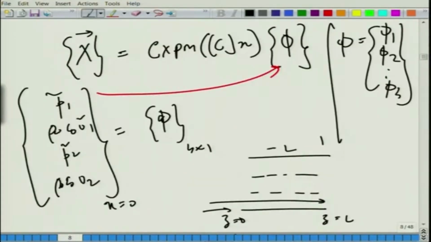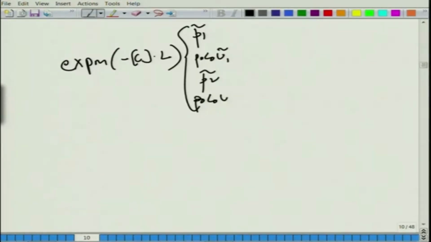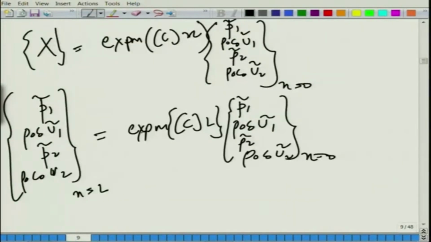Then we have P1, rho naught c naught u1, P2, rho naught c naught u2 at x equal to L. This will be equal to expm of minus CL multiplied by expm of CL, which becomes expm to the power 0, that is the identity matrix.